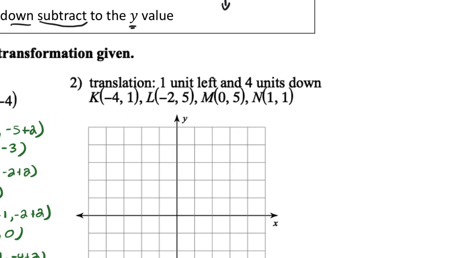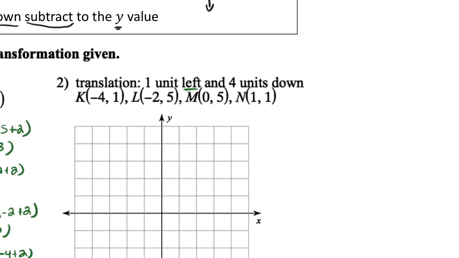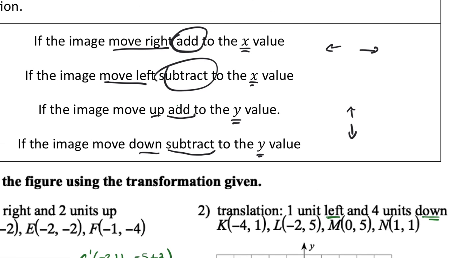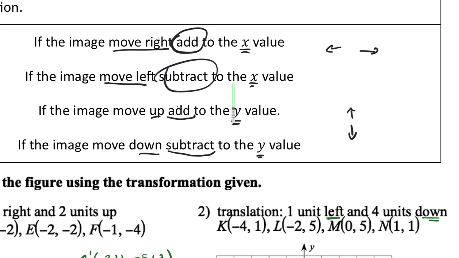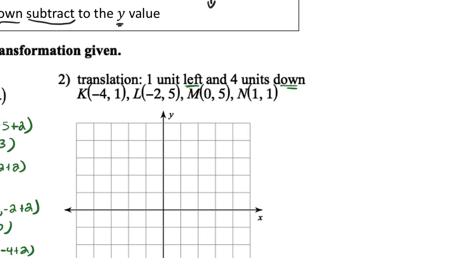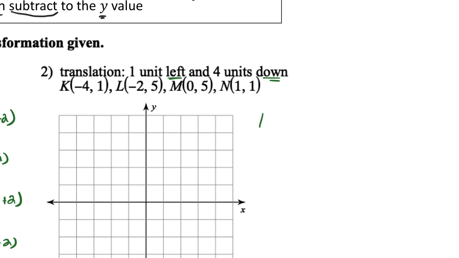So the next one, now it says 1 unit left, 4 units down. Again, if we're going left, we're going to subtract from the X value, and if it's going down, we're going to subtract from the Y value. So K prime is -4 minus 1, and then 1 minus 4. Again, I'm subtracting because it's moving left and down.